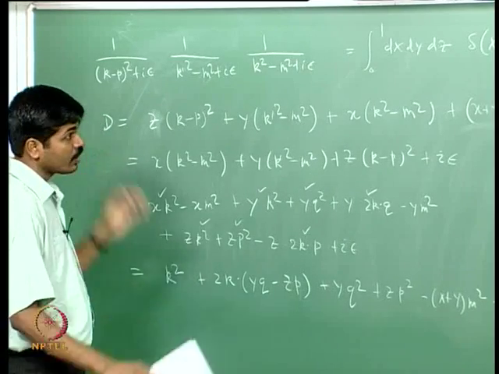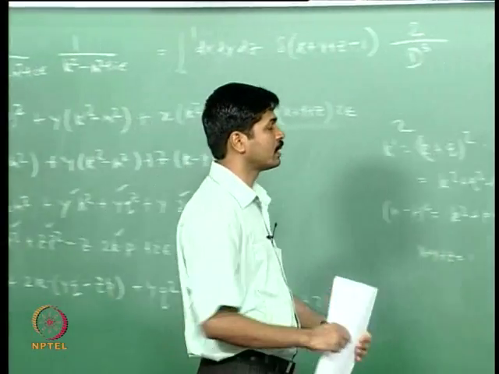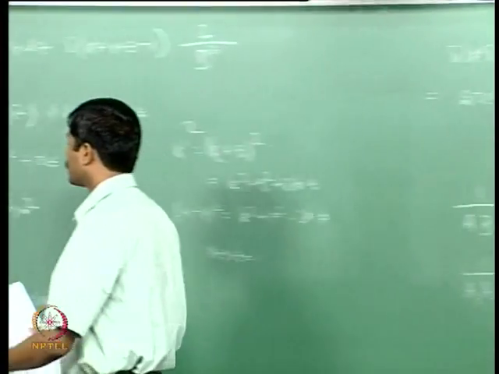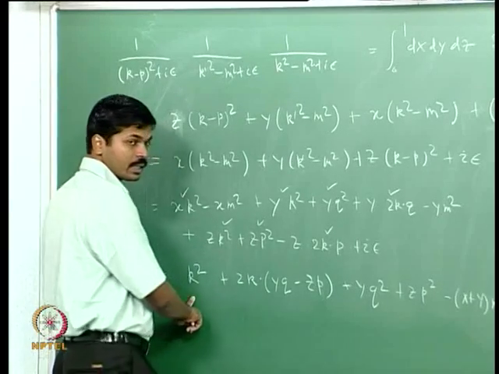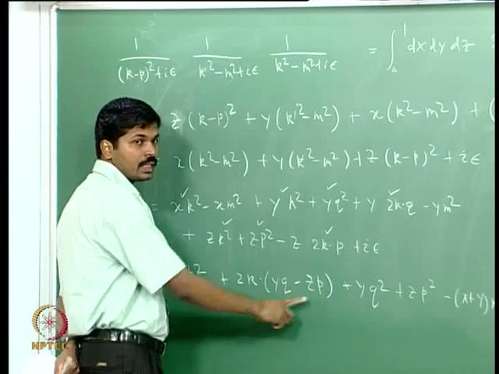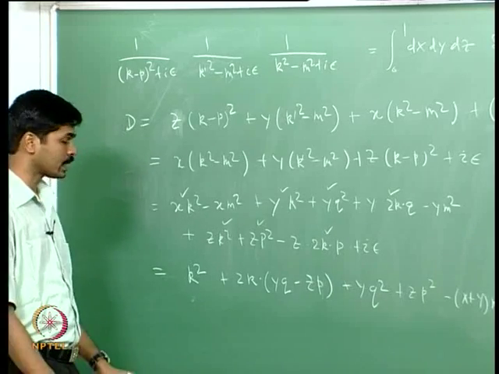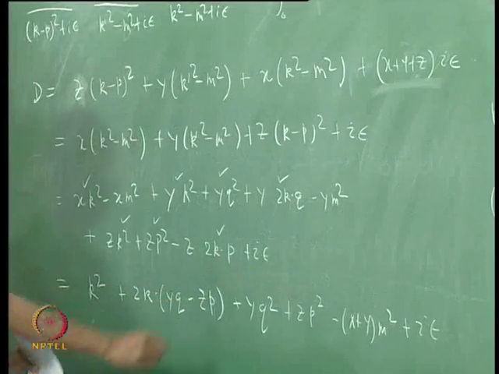Now, you see we are integrating over a variable k. This comes in the form k square and a term which is linear in k. So, I can introduce a variable which I will call L, so that this will be a complete square.